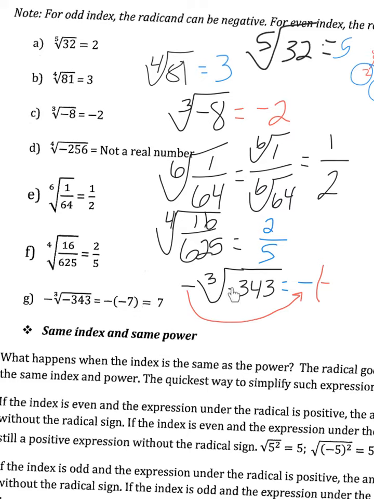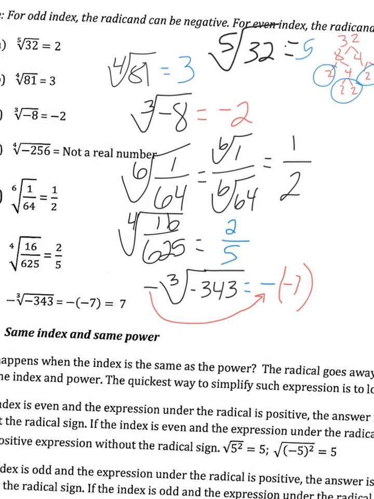So the cube root of negative 343 is negative 7. So I end up with these two negatives here. This one coming straight over from outside the radical, and this one coming from having a negative inside the radical. The cubed root of a negative number is a negative number. Now you can simplify these two negatives, and of course, that will make a positive.